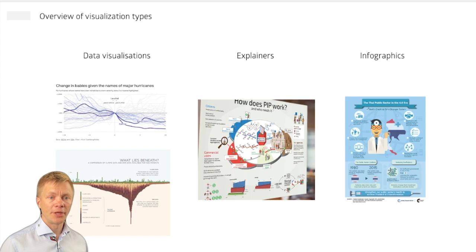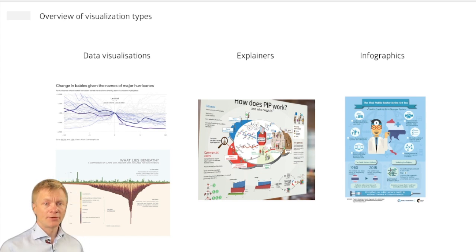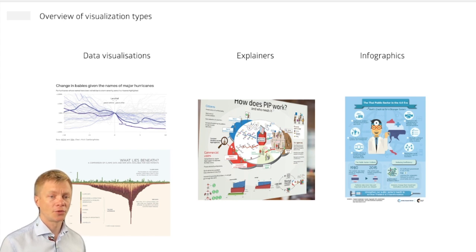So which types of visualizations are we actually talking about? In research and medical domains, the most applicable are data visualization, insight visualization using explainers, and infographic illustrations. These are the three types that are the most useful. The first one is used to visualize data.